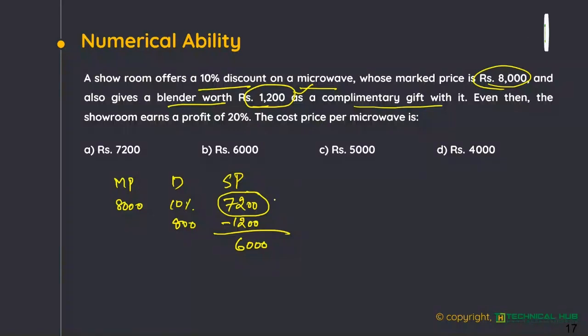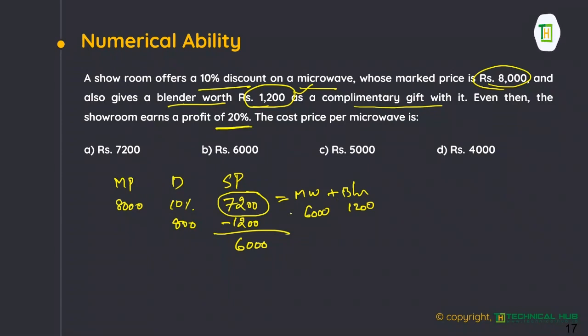This is the total selling price of the microwave and blender. In this, the blender cost is 1,200, so the microwave is automatically 6,000, right? Microwave selling price is 6,000 and profit is given as 20%.